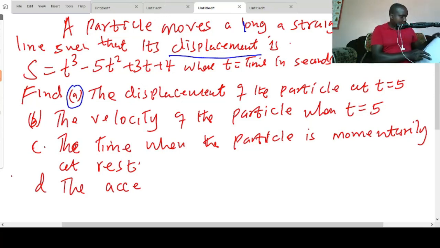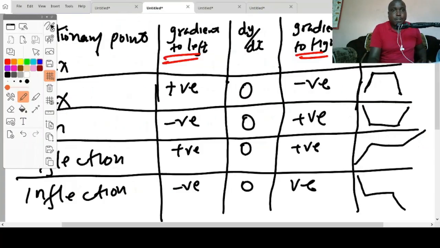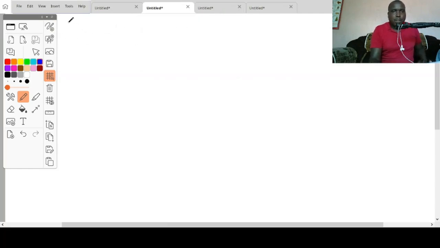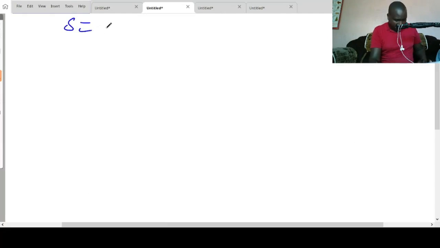So let me go to the new page. Our s is equal to t cube minus 5t square plus 3t plus 4.